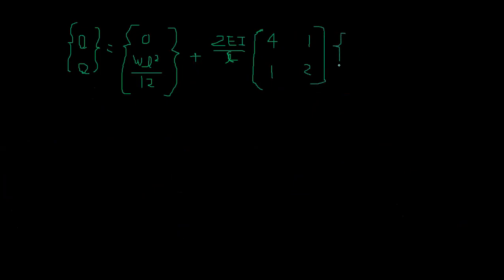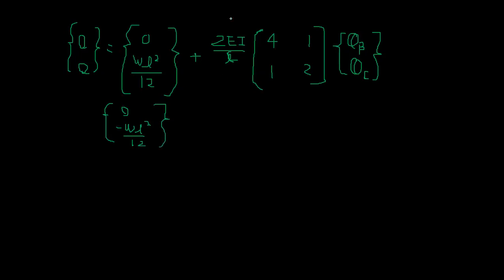Right, so we need to find theta b and theta c. Do not worry about the sign because we are solving for it, and since we adhered to a particular sign convention, it will come out positive or negative at the end. So then you can determine the sign of theta c and theta b. So I will move it to here. So it becomes 0 minus WL squared over 12.